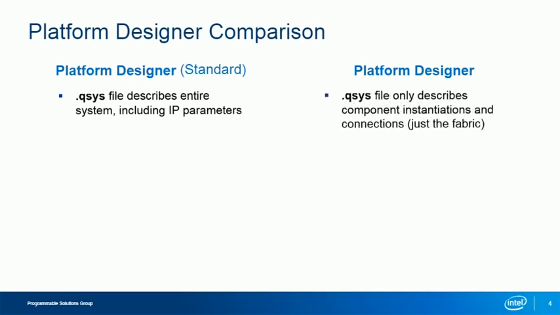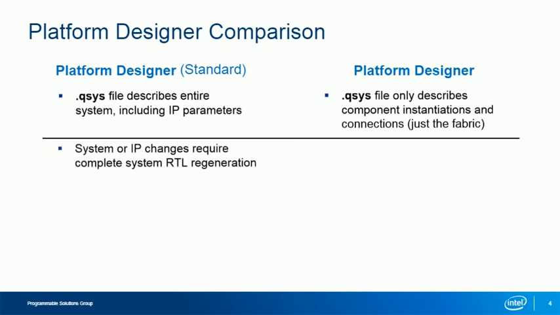In the Pro Edition, you still work with a .qsys file, but the file only contains component instantiation and connection information, just the information required to generate the interconnect fabric, essentially turning all components in the system into black boxes. In the Standard Edition, anytime you change any system or component parameters or connections, the RTL code for the entire system must be regenerated. This can take some time with large system designs.